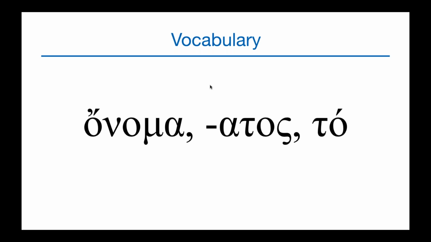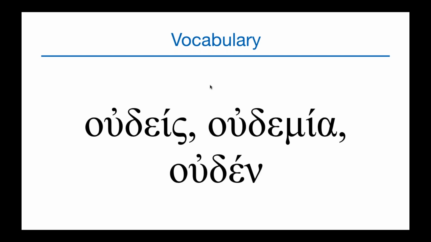Anima means name. It can also mean reputation. It can also mean title. Oudes, oudemia, ouden. I think we learned this word when we went through all the vocabulary.